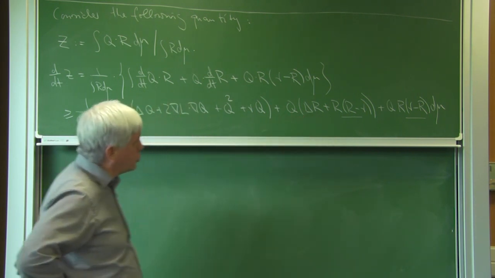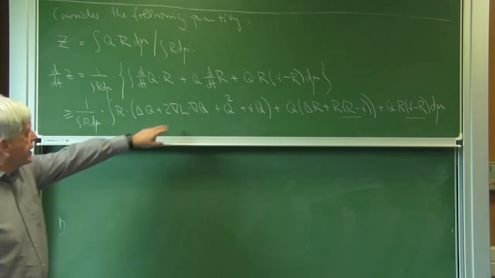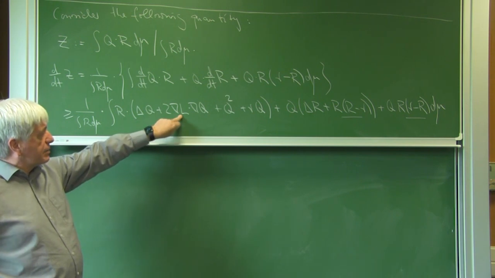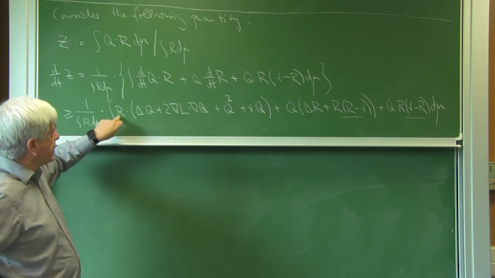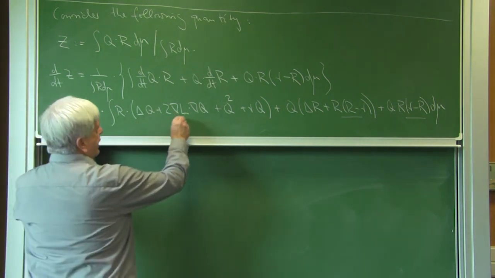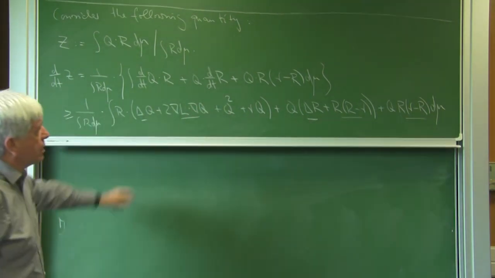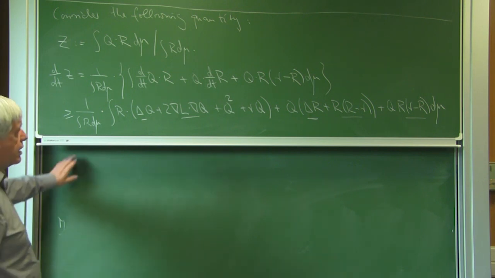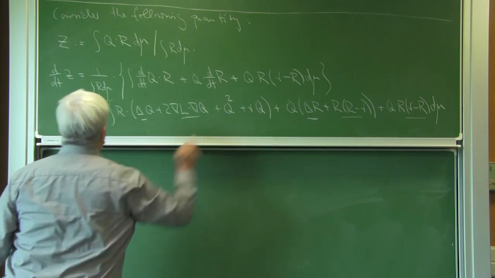So we get minus 2 gradient q times gradient r. But here gradient L is just 1 over r times gradient r, because L is the logarithm of r, times r is also a gradient r. So this term here perfectly cancels both this and this term. So the only thing that we are left with is this term here and this term here.